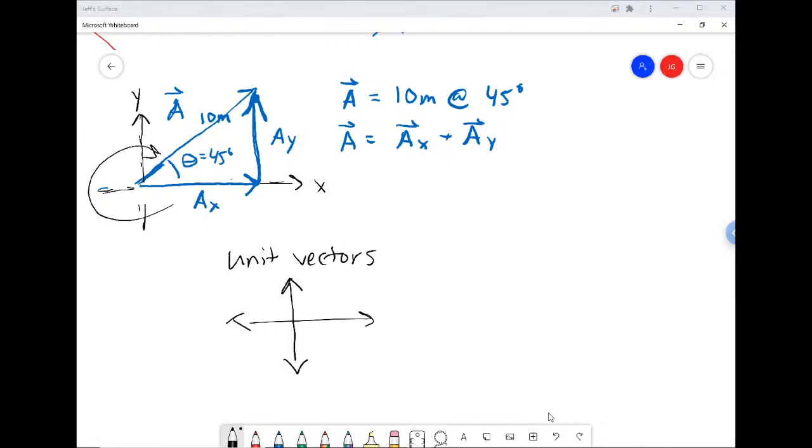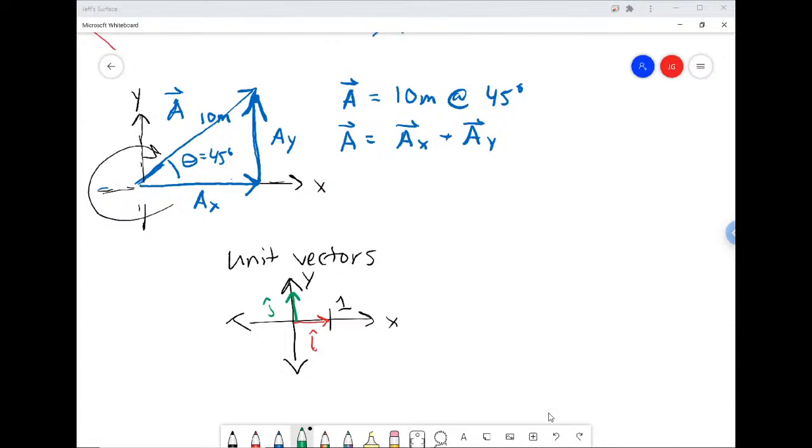Let me draw axes here. So we have a unit vector called i hat, which is the unit vector of magnitude 1 that points along the x-axis, and we have a unit vector j hat, which has magnitude 1 and points in the positive y-axis. So another way to think about Ax and Ay is their magnitudes multiplied by the unit vectors.